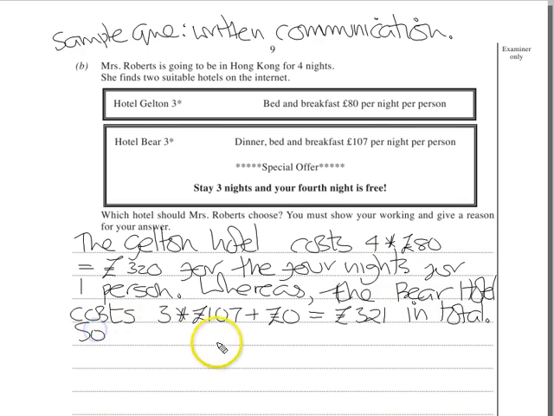So, which one's cheaper? The Galton is £1 cheaper. £1 less, I think is probably better to write. It's £1 less.